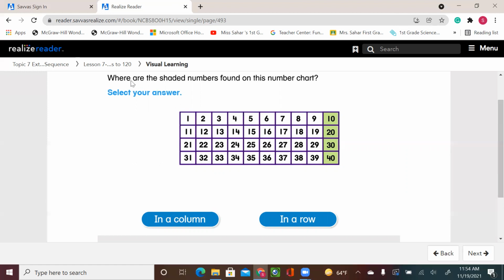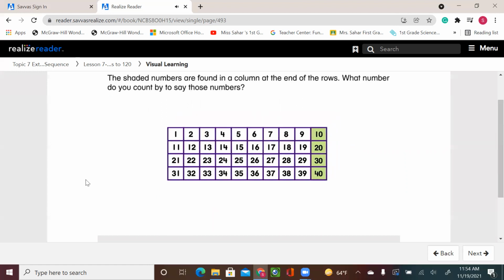So over here, where are the shaded numbers found in that number chart? So this is the number chart, and we have the columns, which say 10, 20, 30, 40. So in a column. The shaded numbers are found in a column at the end of the rows. What number do you count by to say those numbers?